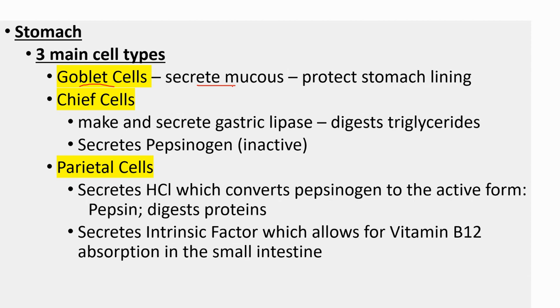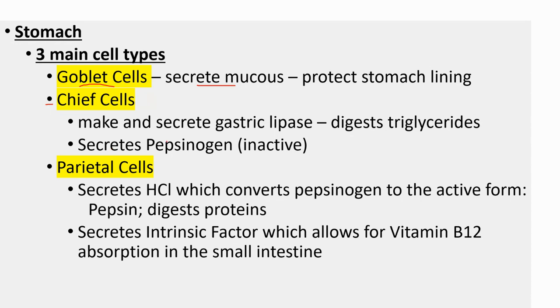So to protect it, that's what that mucus lining is for, that is produced from the goblet cells. Now, when that mucus doesn't protect the stomach as well as it should, the hydrochloric acid is kind of eating away at that stomach lining a little bit.